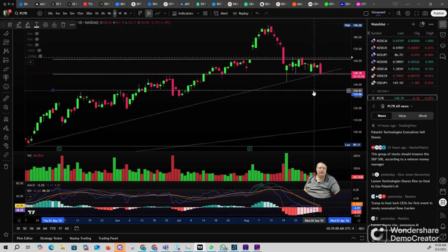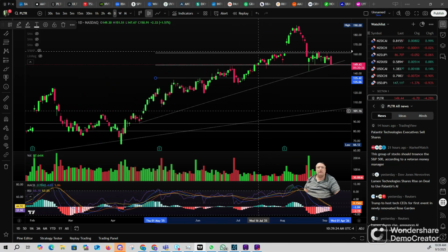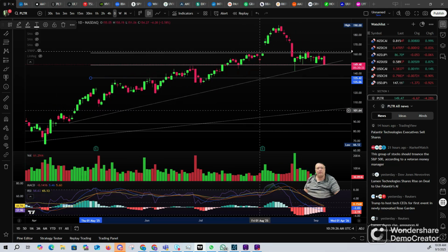Should we break below here, we possibly could test the 135, based on a prior line that we just put in, which you can see stopped it at 1, 2, 3, broke through it, came right back below it, broke through it, and then continued to climb. So it is important to have those support resistance levels.